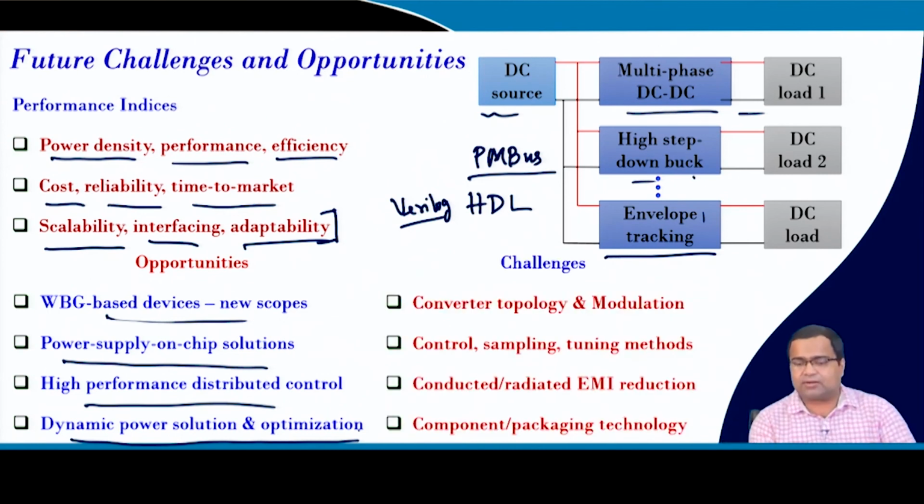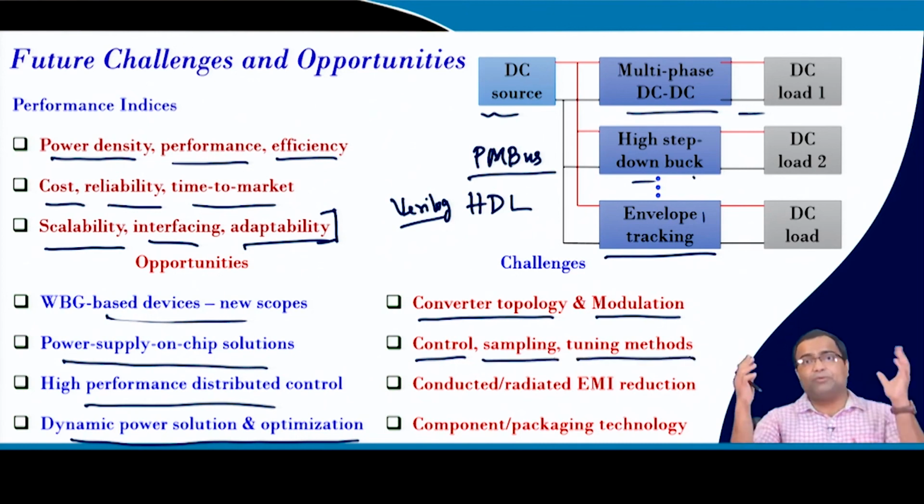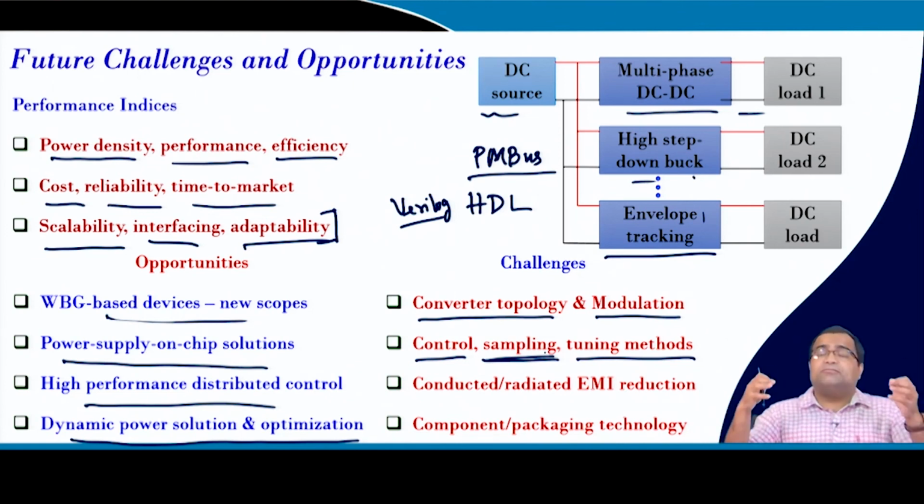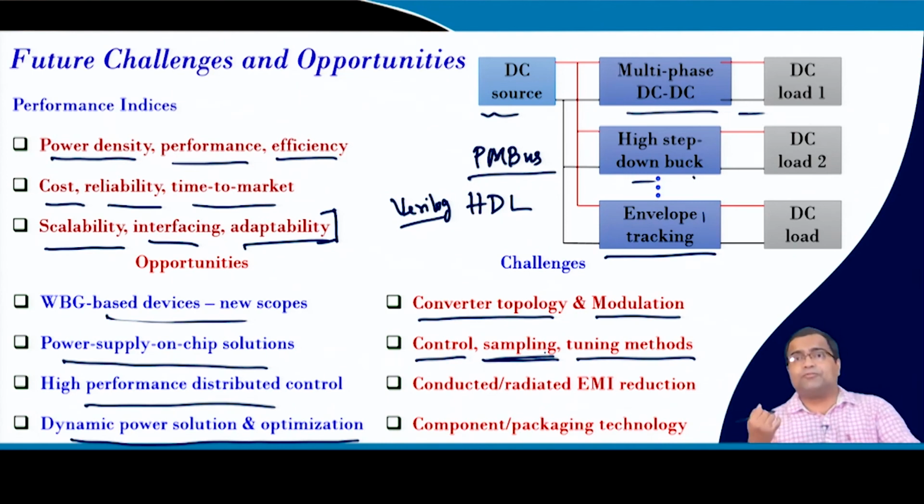And the challenges are developing suitable converter topology, modulation technique, maybe digital modulation technique, then control technique, sampling method and tuning method. Those are very important, like we talked about event-based sampling. If you are changing topology, then what kind of variable frequency control are you going to use, what should be the event that will make sure the control is stable, or should we go for fixed frequency control.